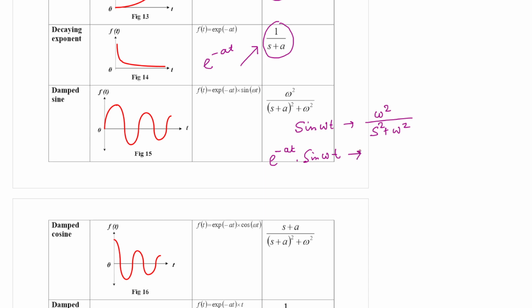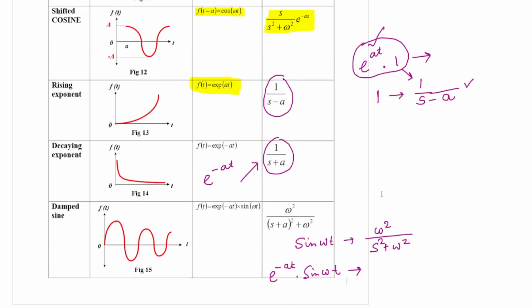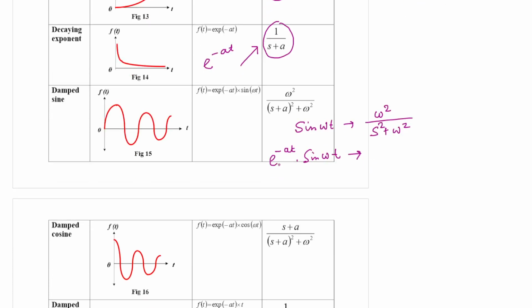Again it is the application of this rule. It is a multiplication in the time domain. Here it is multiplied with this factor, so we must shift the function in the frequency domain. Then its Laplace transform will be omega divided by s plus a whole square plus omega square.